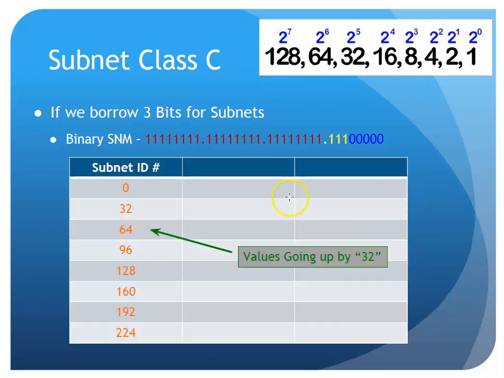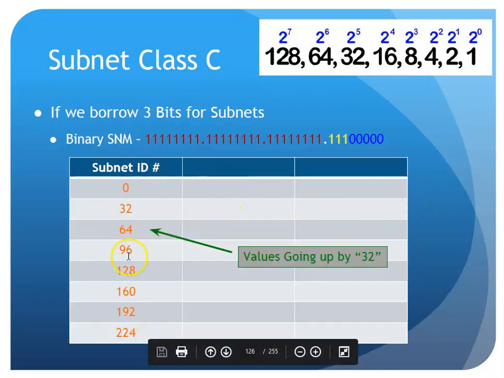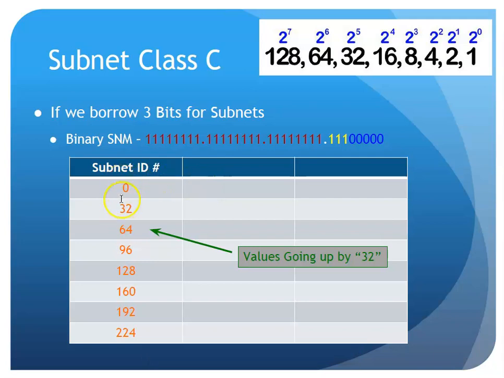We are going to start by creating a chart that shows the network numbers over here, the broadcast numbers over here, and the usables in the middle. Well, to do the subnets, I'm going to start with 0 because our ranges are always going to start with 0. And I'm going to increment the subnets by a factor of 32 because, again, we've borrowed to the 32 place.